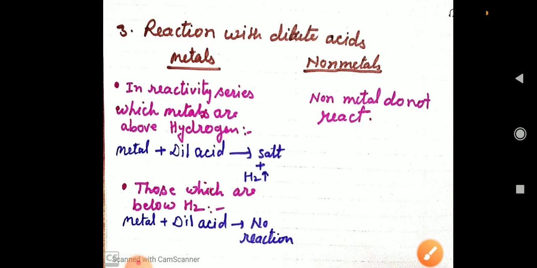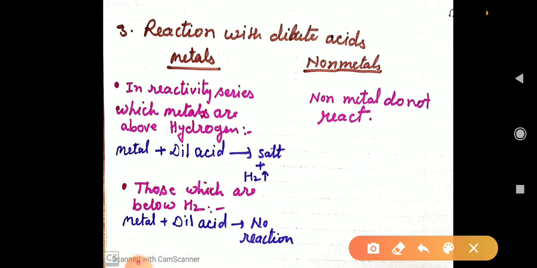Okay, now next is reaction with the dilute acids. Metals react in two ways. The metals which are above hydrogen in the reactivity series react with the dilute acid, and salt and hydrogen are formed.